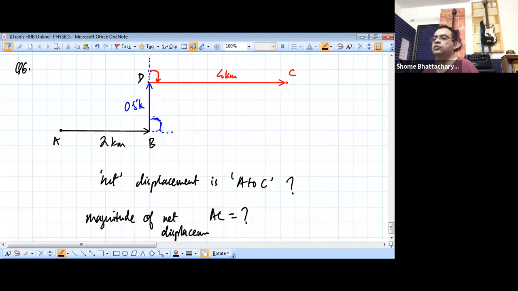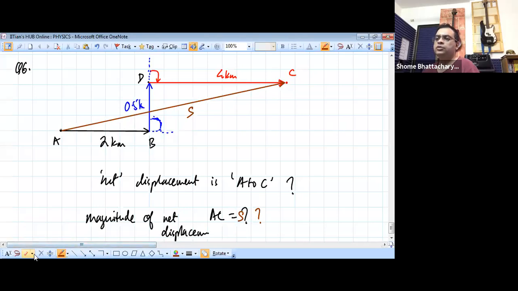So you want to find out this length, let's say. This is your net displacement. Let's say S. I want to find out how much S is.